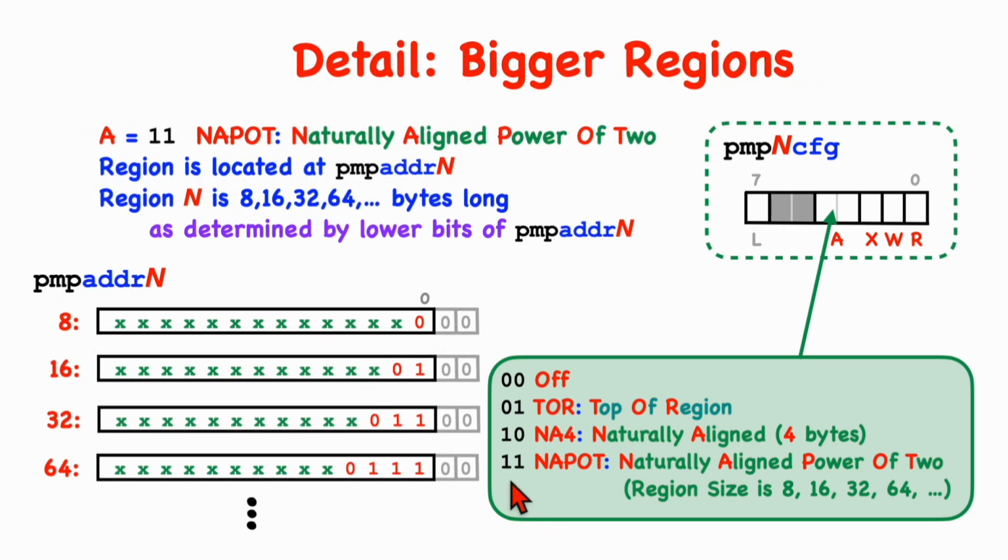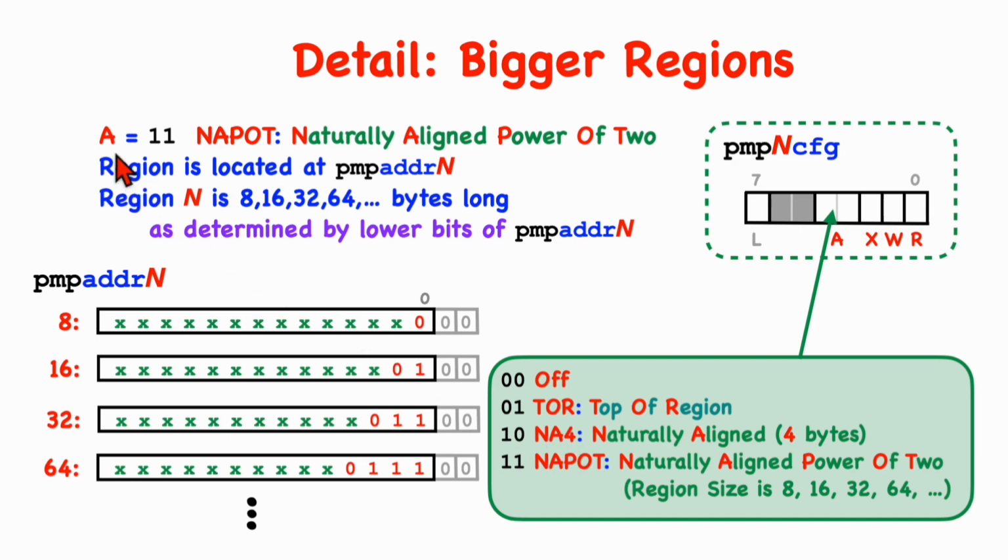This last code, bits 11, for naturally aligned power of 2 region, is used to specify regions whose size is, well, you guessed it, a power of 2, and starting with 8. So the region size is either 8, or 16, or 32, and so on. Regions of size 4 were handled with the NA4 code.